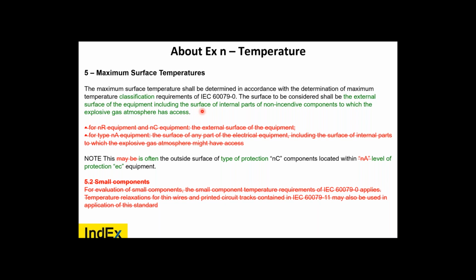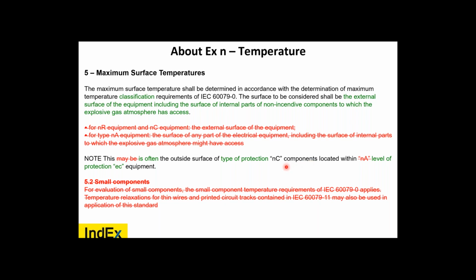Now, EXNR, if gas cannot enter, non-incentive components which the gas atmosphere has access. Have to think about that. This is often the outside surface of the type of protection NC components located within a level of protection EC equipment.